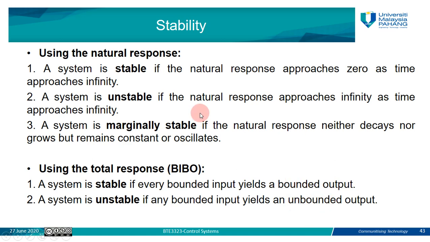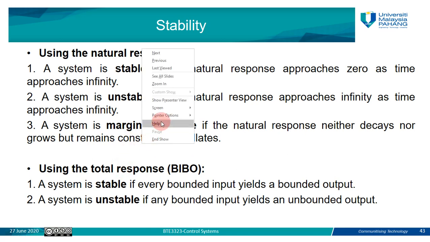So based on the natural response, we have stable, unstable, and marginally stable, which depends on the components of the system. The other one is based on the input and is more related to the forced response, because the forced response depends on the input signal to our system.